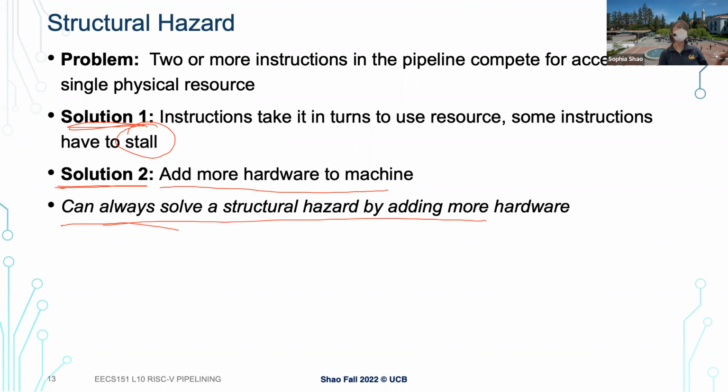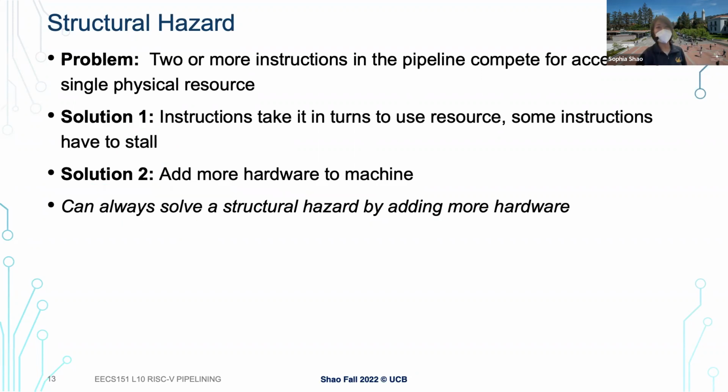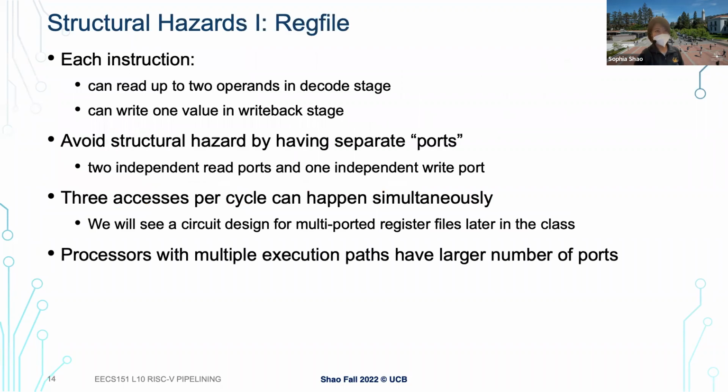But sometimes you may not have that much resource, right? Again, hardware design is a lot about trade-offs. But this can typically be resolved by adding more hardware. A good example of a hazard is the register file, right?